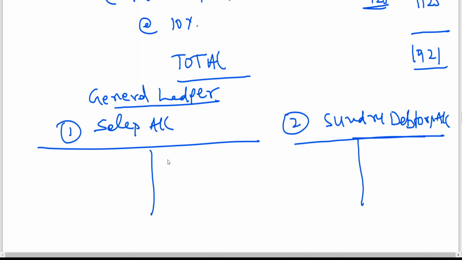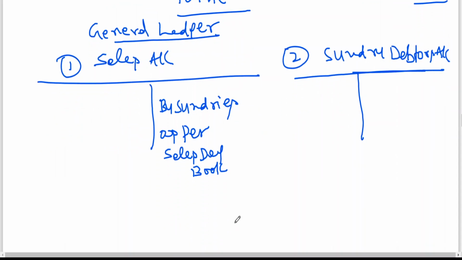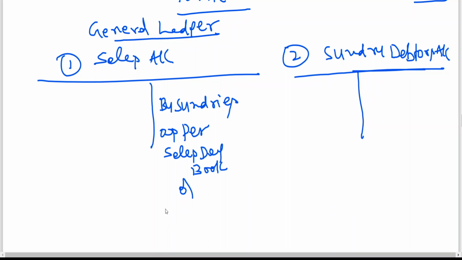In sales account, you write the total of sales day book: credited to sales account by sundries as per sales day book, or we can write sundry debtors account.